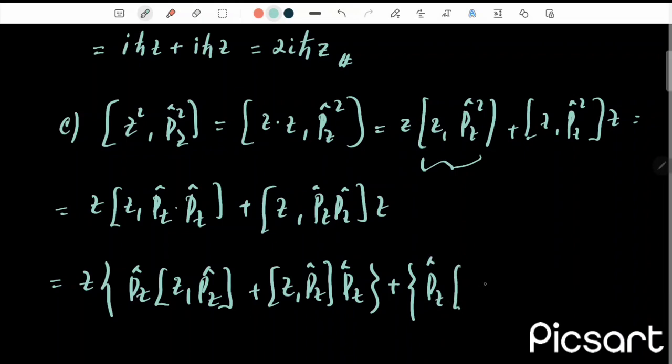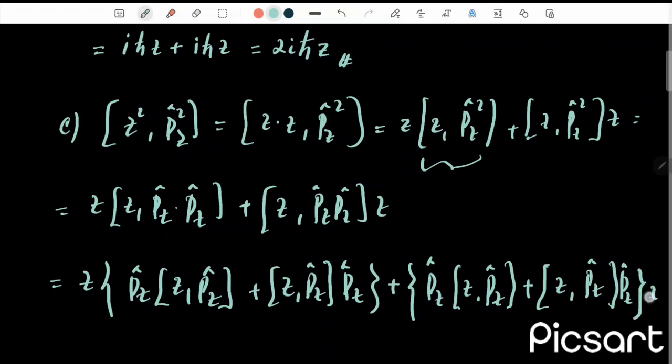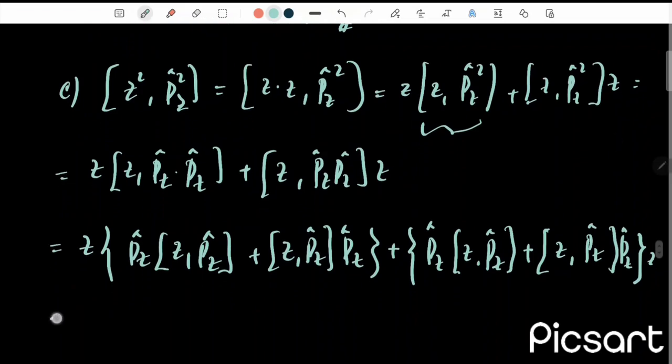Here we have z pz plus z pz plus pz times z here. Okay, and we know that this is equal to i h bar.